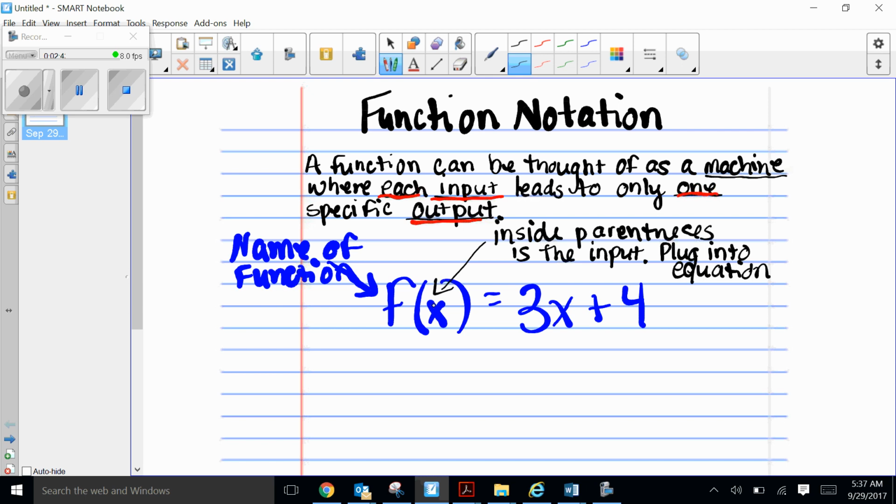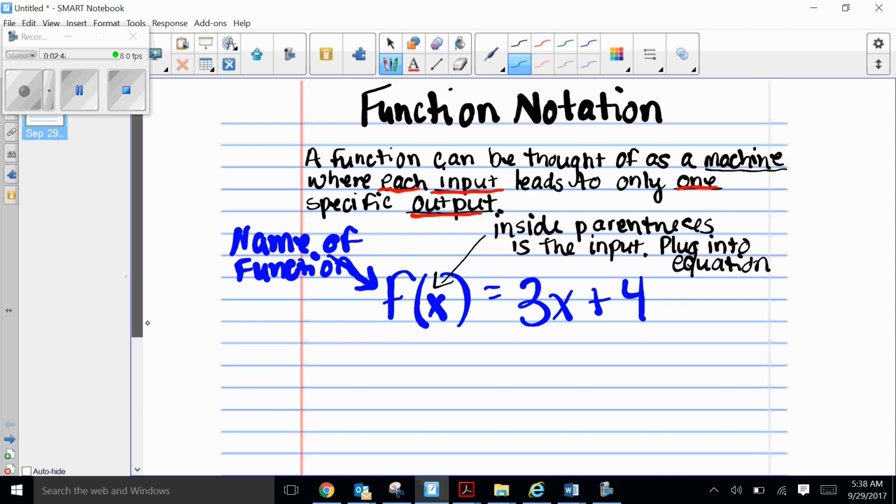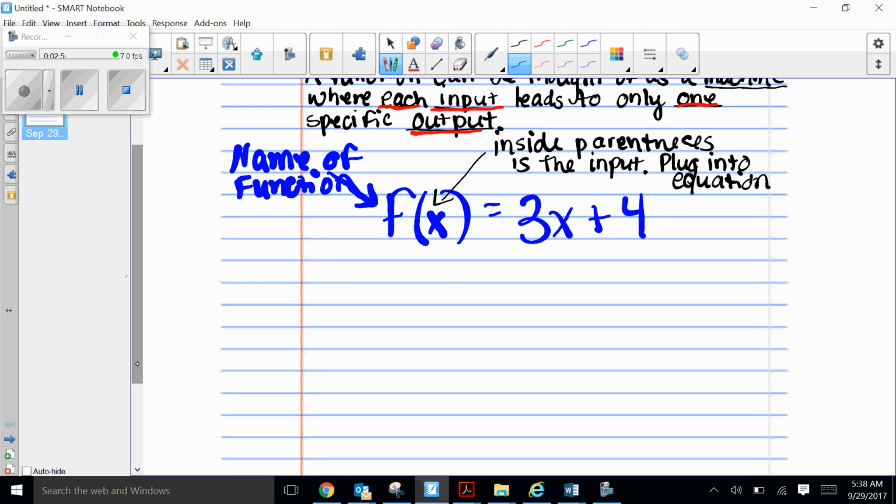Okay, so this is the new piece that we are looking at. We haven't looked at a number inside these parentheses before. So far, we've just seen x there. Okay, so let me also say specifically that this f out here can be any letter.